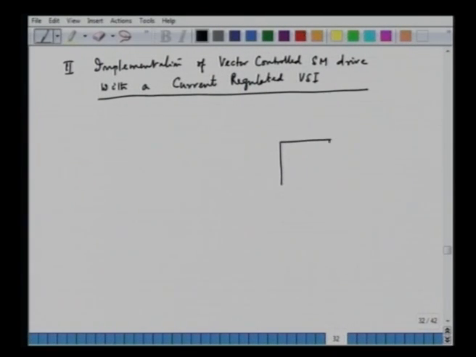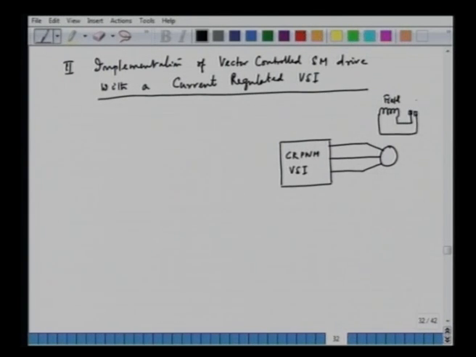So, this is the VSI we have, and this feeds the stator of the synchronous motor. And similarly, we have the field in this case, and field is separately excited. We have the slip rings in this case.